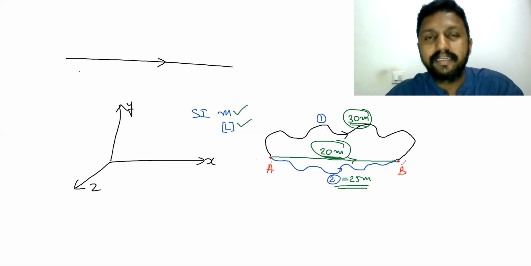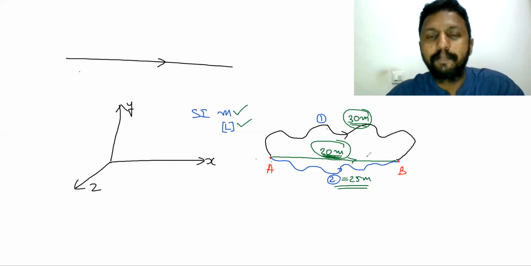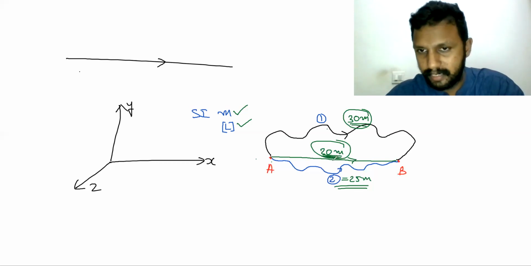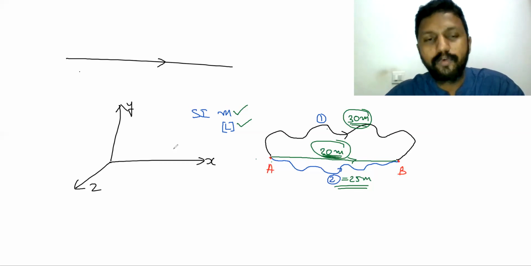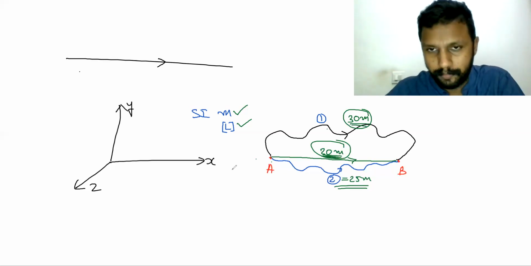Then the data is complete. That is, 20 meters is the magnitude and towards the right is the direction. Therefore, displacement has both magnitude and direction. It is a vector quantity. Therefore, now we know what is distance and displacement.